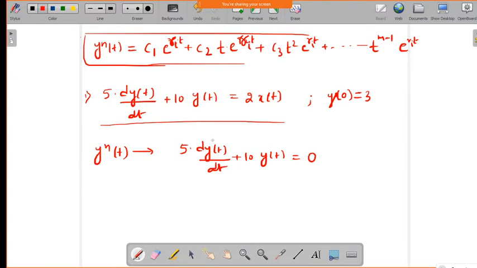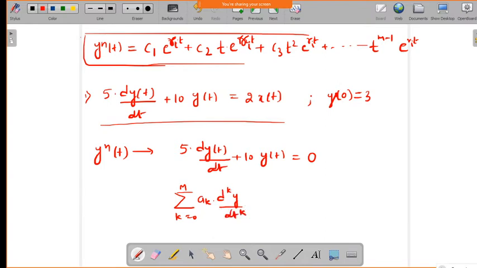Now we can express this in terms of the characteristic equation. Take the summation from k equal to 0 to m of ak into d power k y by dt power k.